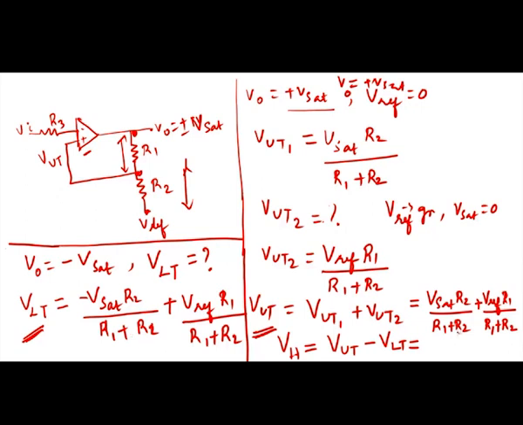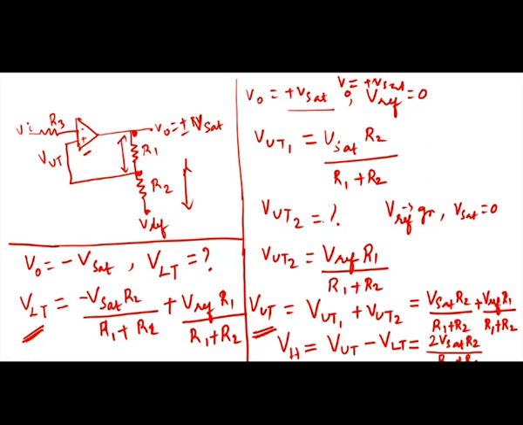So, if you subtract, what is the term remaining? The V saturation, V reference will get cancelled and you will get 2 V sat into R2 divided by R1 plus R2.